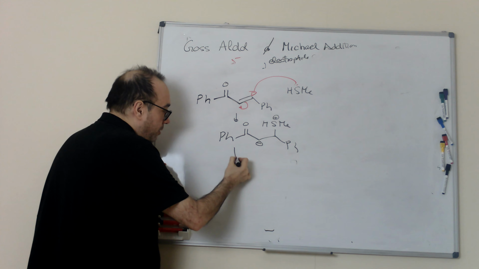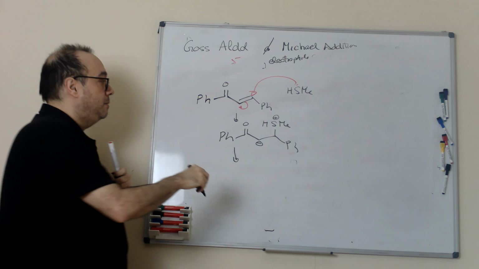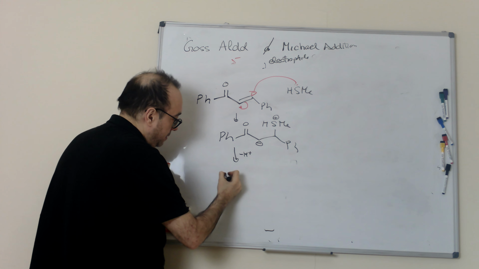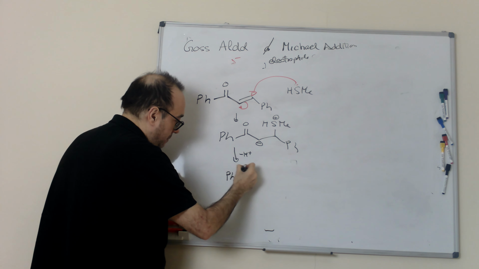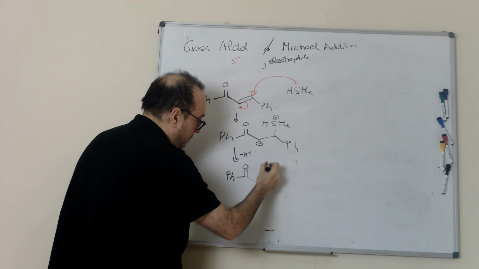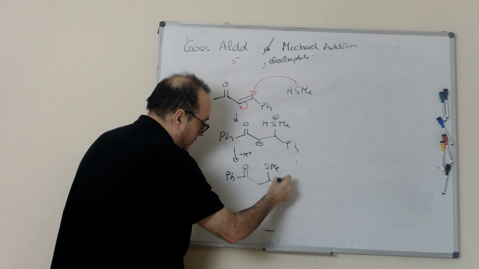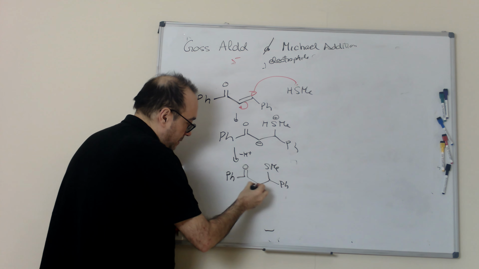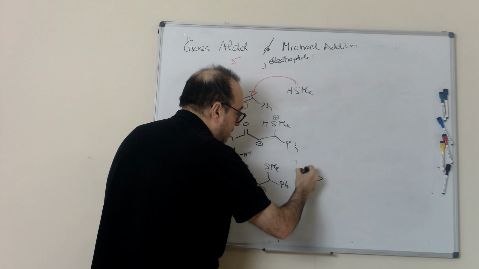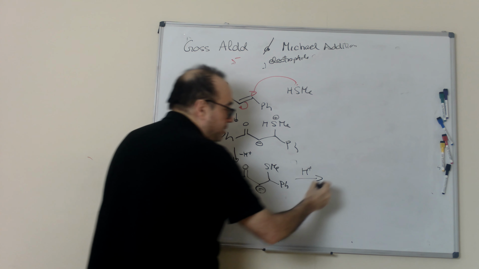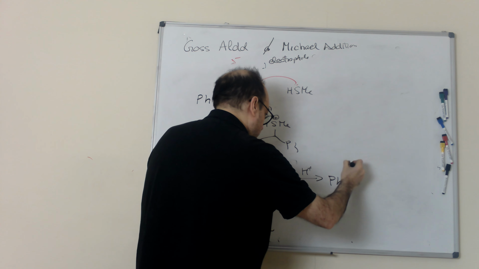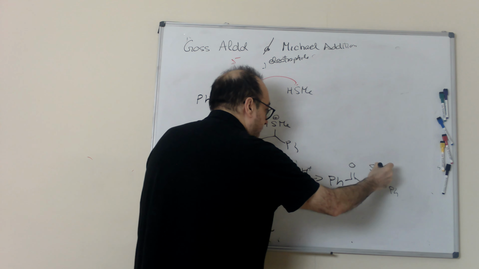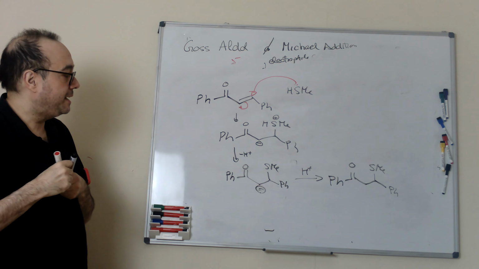And as we did before in the case of the nitrogen, we remove one of the hydrogens of the sulfur, and then we add one hydrogen in order to protonate the anion. And we generate the Michael adduct.